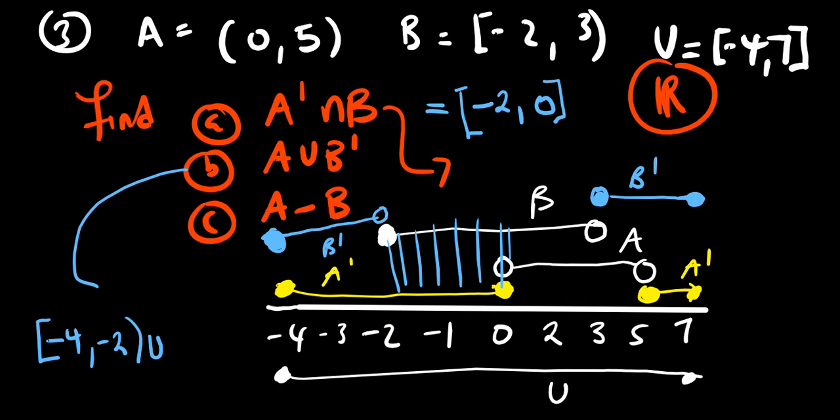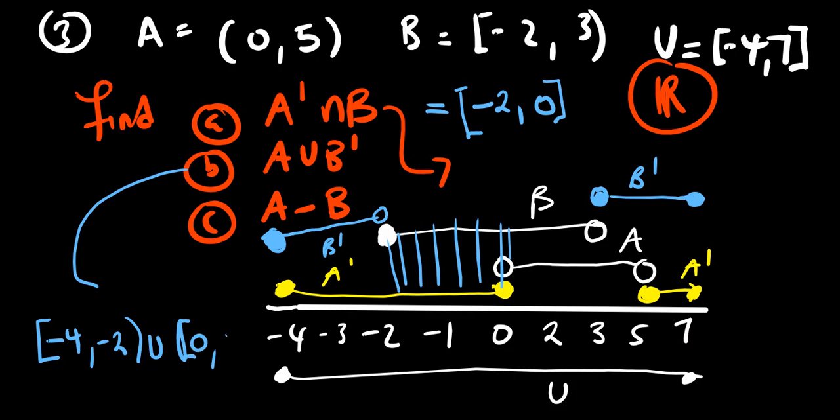And what other part of the two sets' union? A is from 0 to 5. So 0 is not found in A, but it is found in B. So you're going to include it. 0 to where is B complement ending?